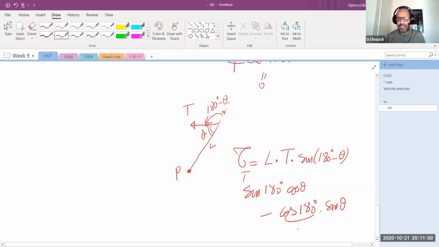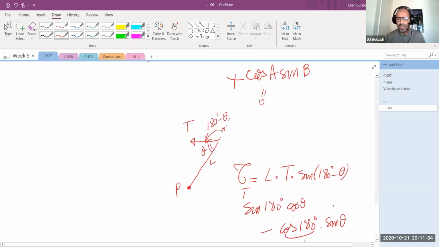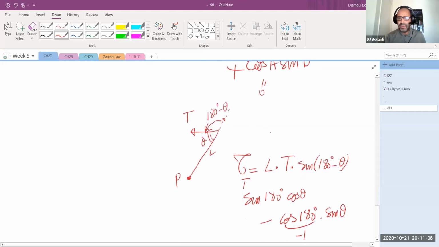Cosine of 180 degrees is -1 times -1, that's positive. Positive sine theta. So it already emerges as positive L T times sine of theta. Negative times negative becomes positive. So that takes care of everything right now.